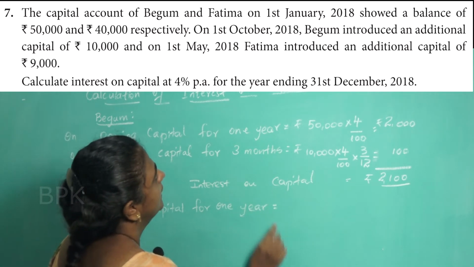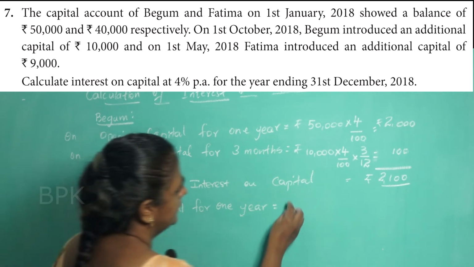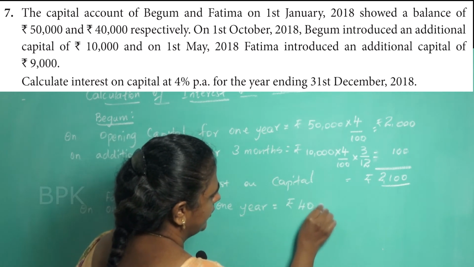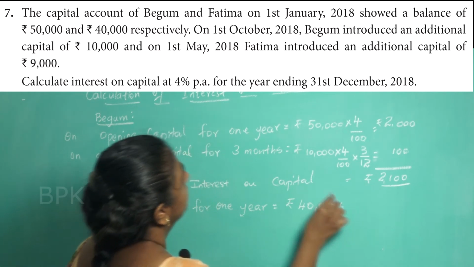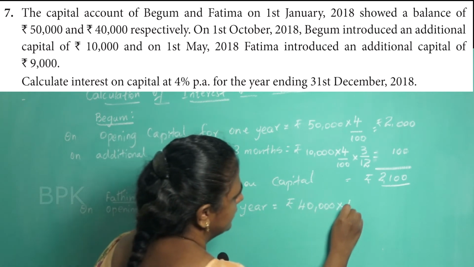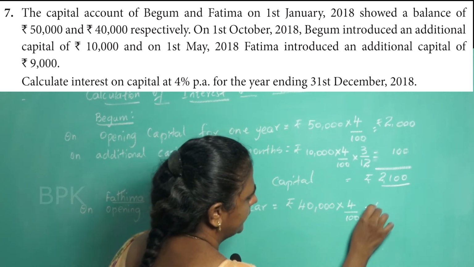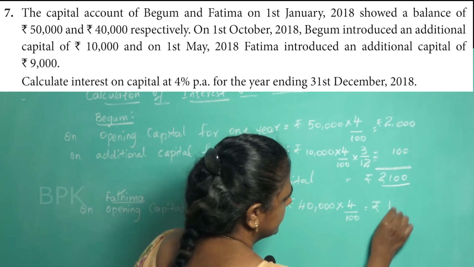What is her opening capital for 1 year? The beginning capital is 40,000, rate of interest is 4%. So 4 by 100. That will give you rupees 1,600.